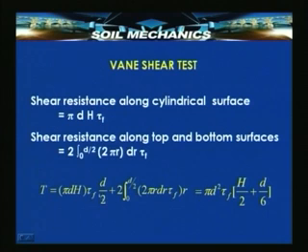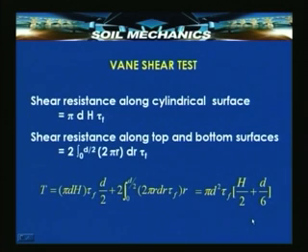So, we calculate the moments of these forces and the sum of these moments, and put it equal to the torque. That will give you a relationship from which the unit shear resistance tau F at failure, shear strength at failure, can be calculated, and that is nothing but the shear strength.